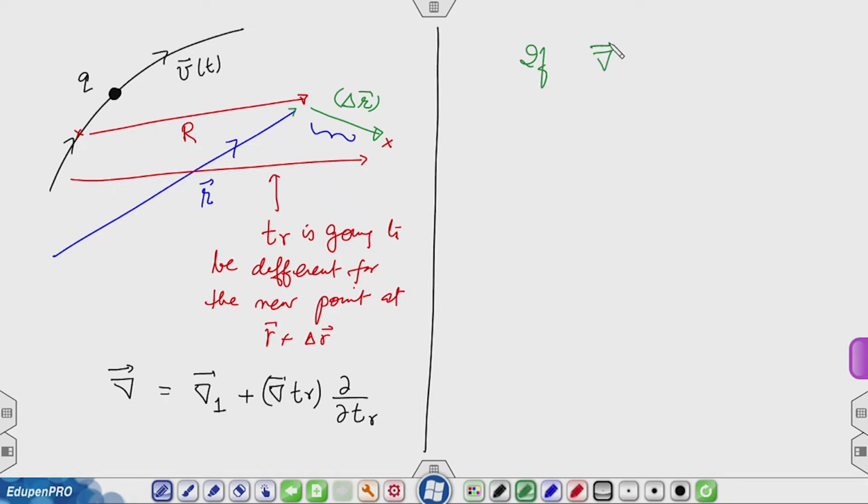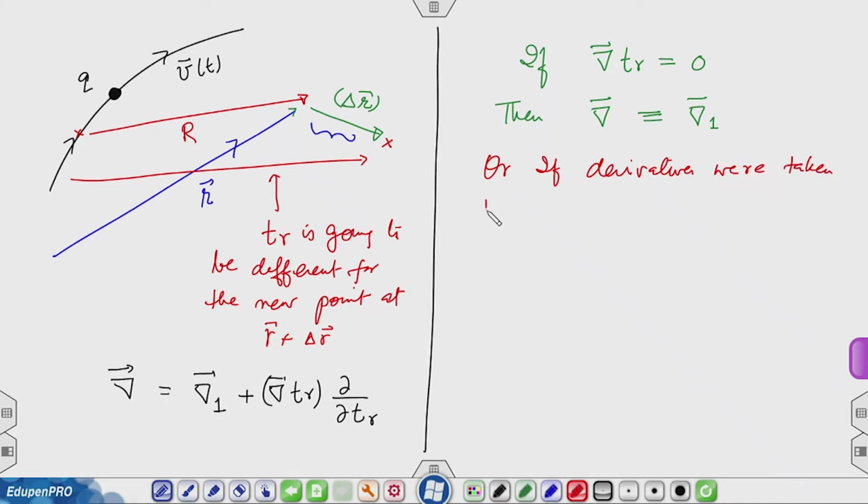If grad of t_r were 0, then grad would be equivalent to grad 1. Or if derivatives were taken with respect to r and t, then also grad would operate simply on something dependent on r.